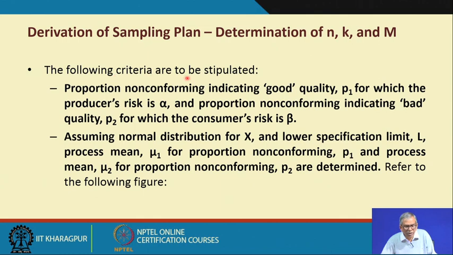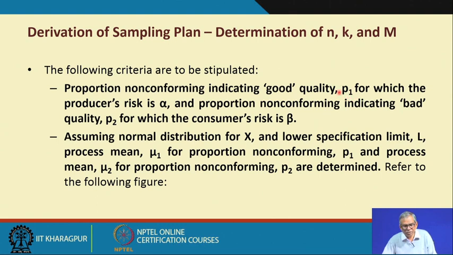So the following criteria are to be stipulated, like we do for designing any other types of sampling plans. Proportion non-conforming indicating good quality, P1. This you must be able to specify, whether it is 1% or 0.5% or 0.05%.